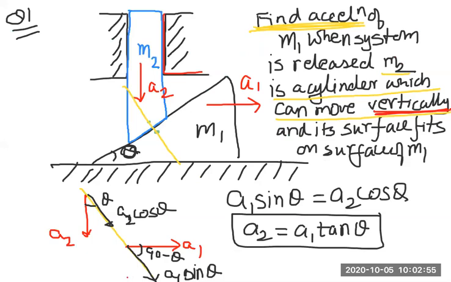Well, I have no idea, because I have no idea that they are the same. How can I conclude that they are the same? Masses are different, the angle is slanted, so how can I assume that two accelerations are the same? I will have to assume that accelerations are different. If they are the same, then in the last step, I'll get the same values for A1 and A2.